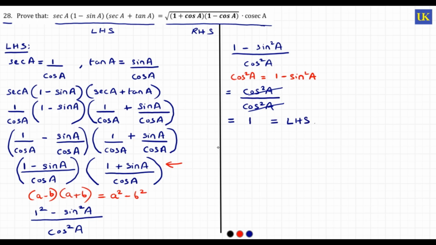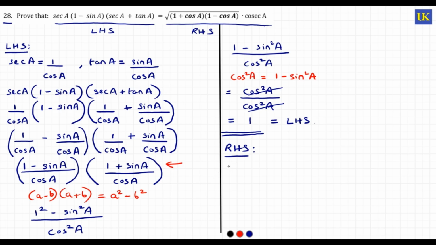Okay. Now we will solve for the RHS part. First of all I will write the RHS part here.